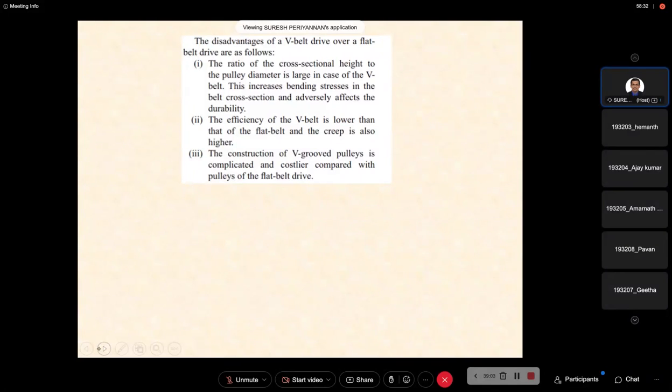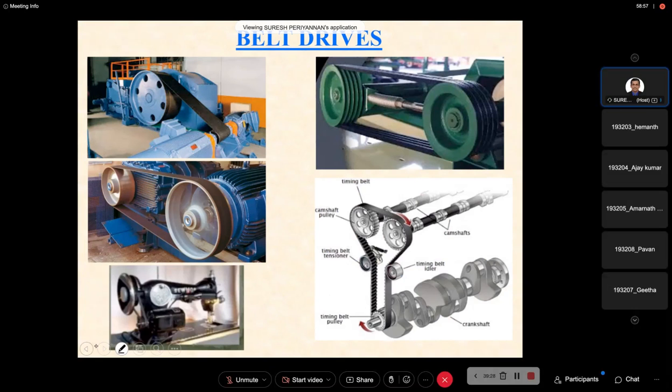Most of the things I told you in the advantages: the friction is high due to wedge action, and also a smaller arc of contact. I would like to show you this, the belt first.